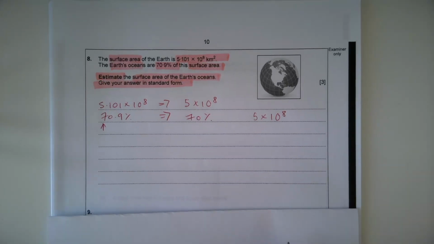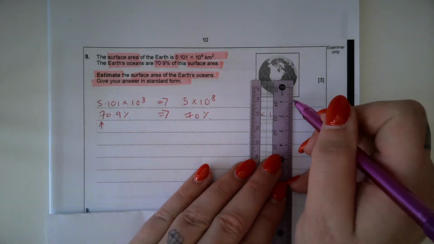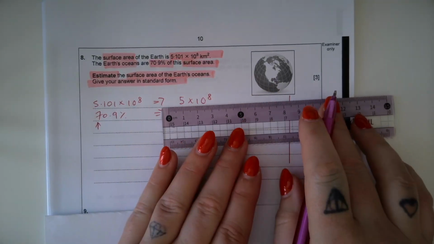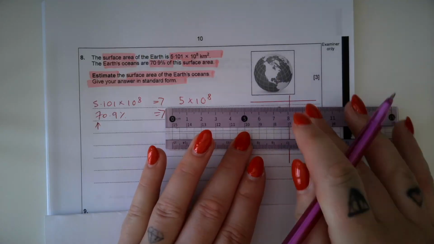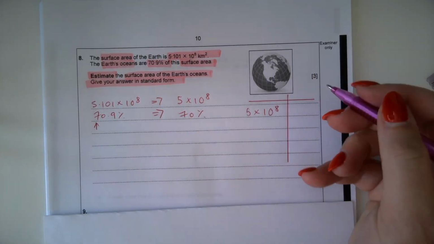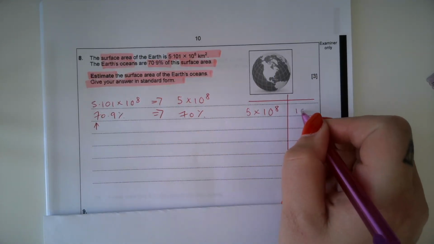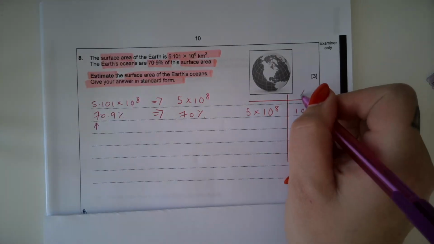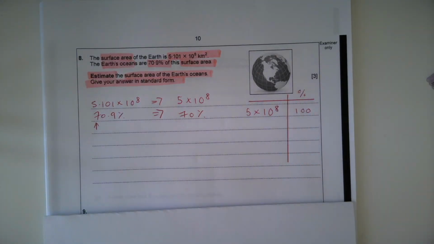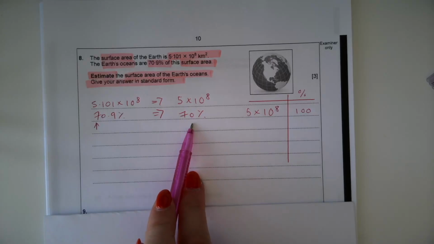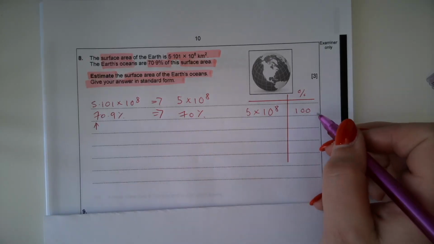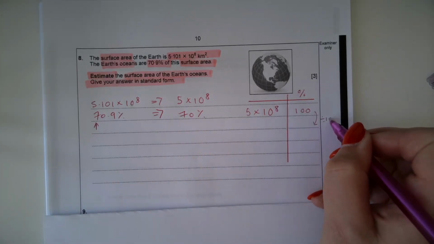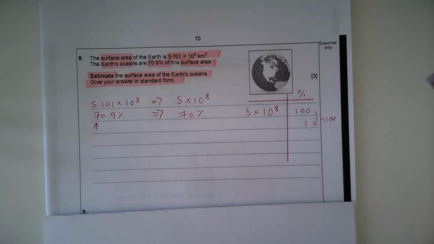So if I do a little proportion table, it will probably be easier for you to see this in. So this is 100% of the Earth's surface area, okay? We're wanting to find 70%. So if I scale down, if I divide by 100, that will tell me 1%.